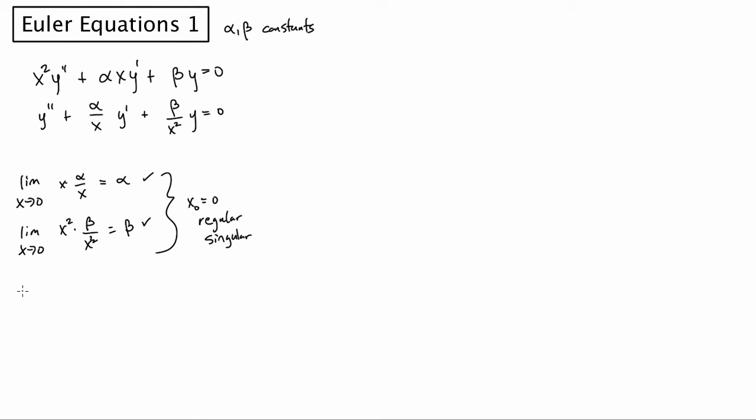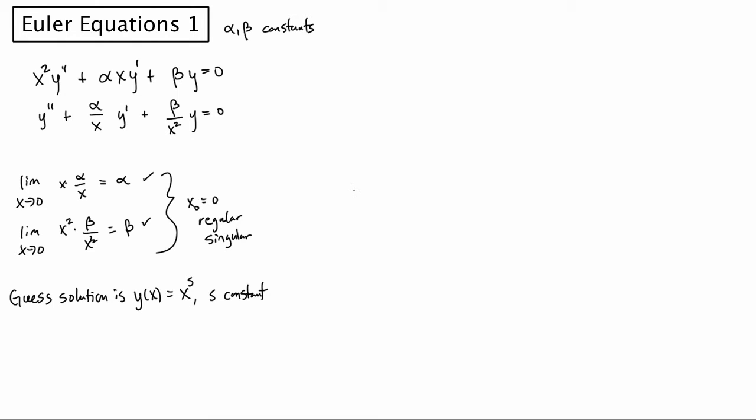The solution format basically goes like this. You're going to guess the solution is of the form y of x equals x to the s, for s some constant value. Now, this is very similar to what we did when we first talked about the characteristic equation and solving constant coefficient equations.